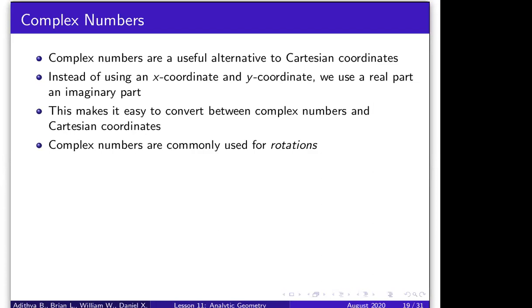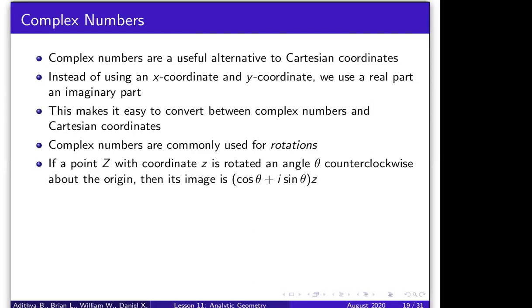In particular, if you have a point, let's say z, and you want to rotate it by an angle theta about the origin, then you have this nice expression that's just a multiplication of z by cosine theta plus i sine theta. And why is this true?